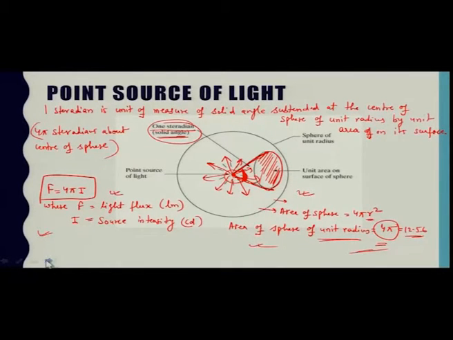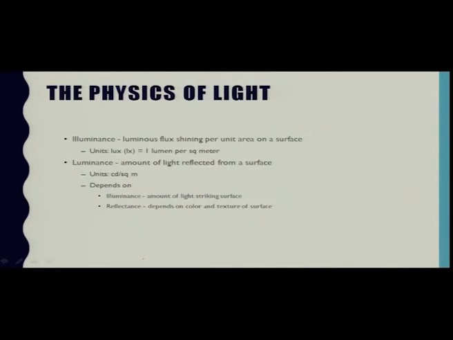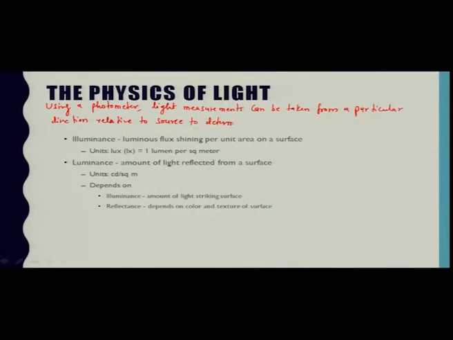So using a photometer, light measurements can be taken from a particular direction relative to the source to determine the luminous flux emanating in that direction.